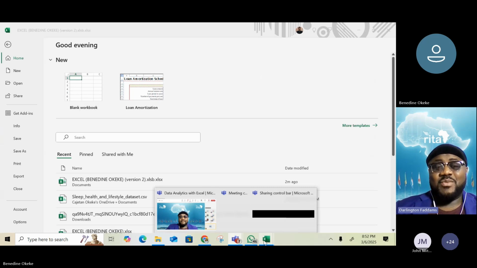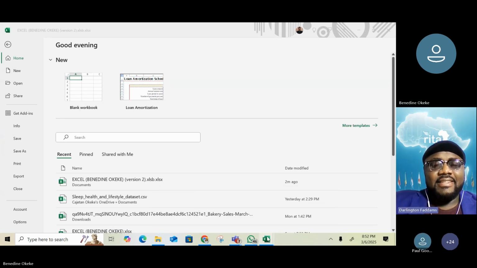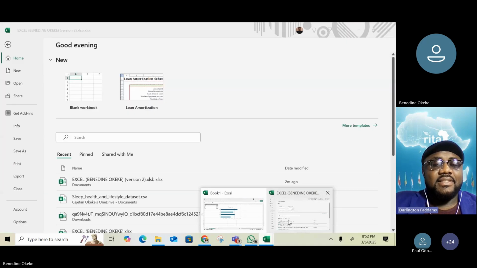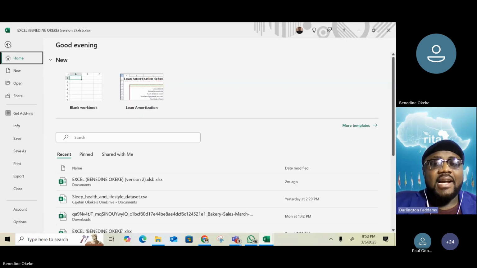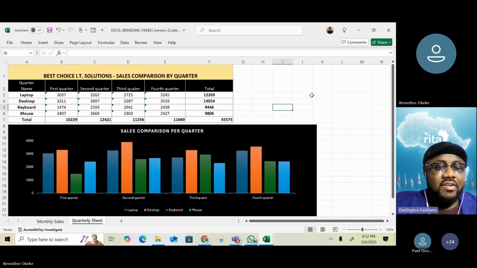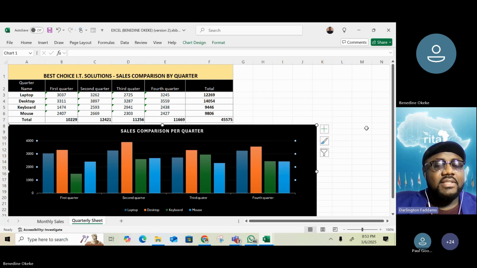All right, that's wonderful. Well done. And this particular chart is a clustered column chart because you can see that the various products are grouped together. The four products we are talking about are laptop, desktop, keyboard, and mouse. And we can see that we have them in 4 different quarters.